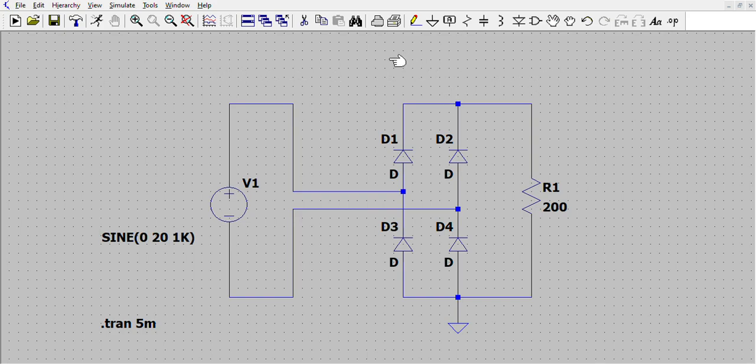The average voltage in this circuit is 17.987 volt, also almost the same result as before.